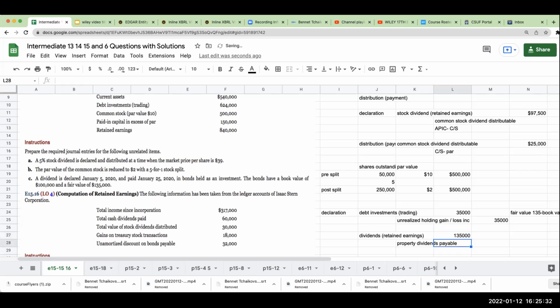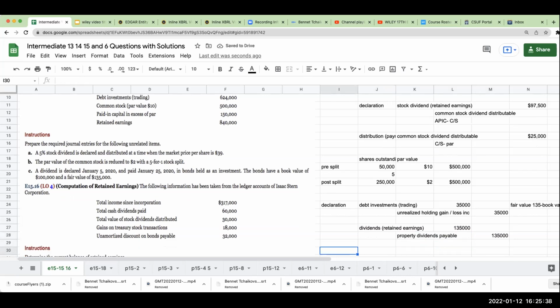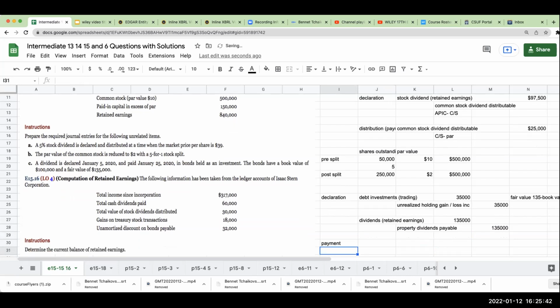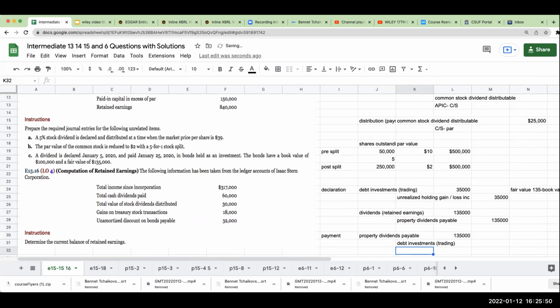And this is going to be 135,000, which is the fair value of the property that I'm distributing. On the date of payment, I'm going to debit property dividends payable for 135, and then I'm going to credit debt investments, trading, for 135.